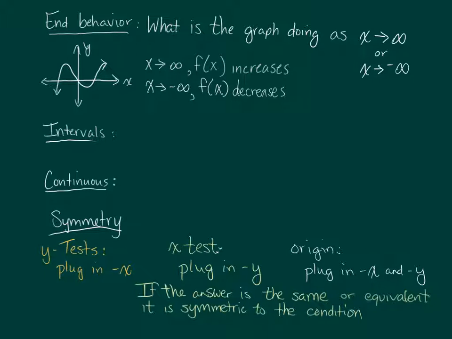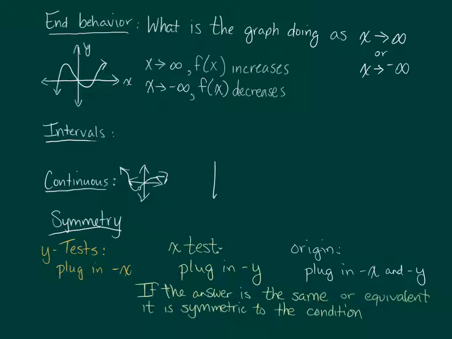Continuity. If a graph is continuous, it's going to look like this one up here. Now, if a graph has discontinuity, it can look like any of these. These are your graphs that might have open circles where a number can't equal something, where x can't be this number for it to be a function.